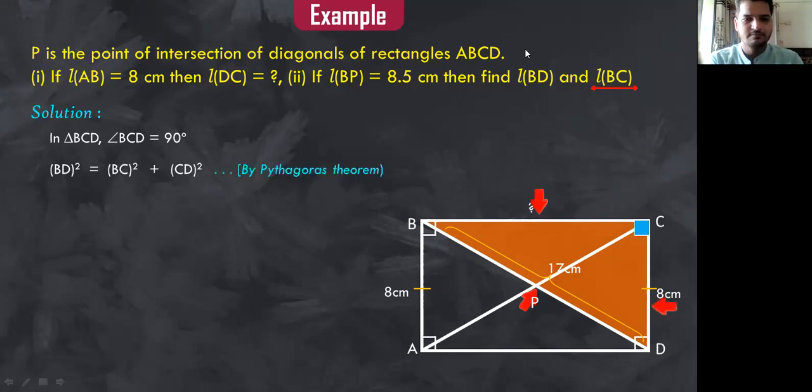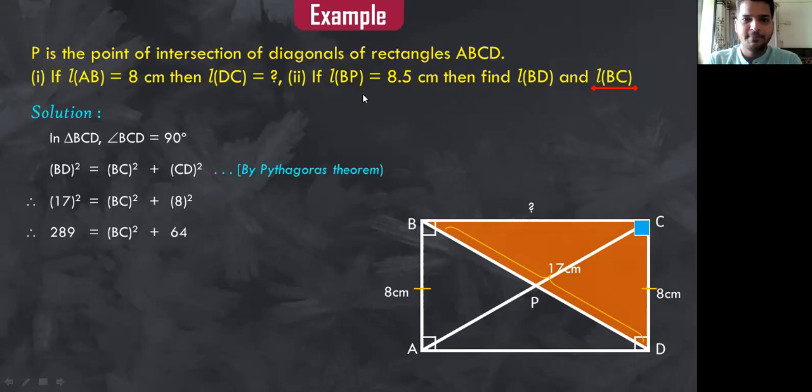By Pythagoras theorem, substitute the values. BD square: what is the value of BD? 17 square. BC square as it is. What is the value of CD? 8, the whole square. Let us find the value of 17 square, which is 289 first. BC square as it is, and 8 square is 64.